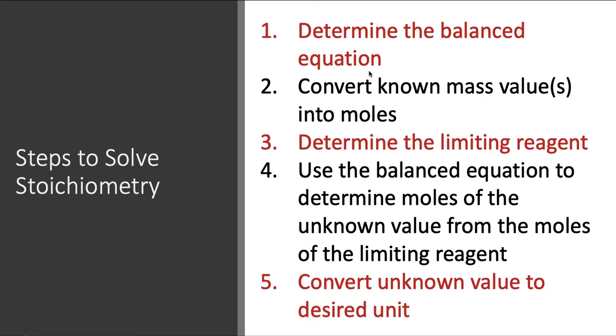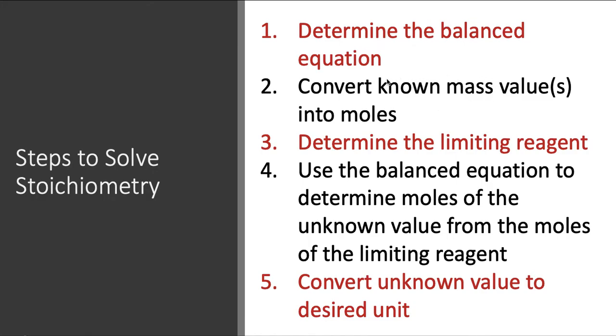Without a balanced chemical equation, you cannot relate those molar coefficients correctly. You need to at least check if the equation is balanced. Sometimes it's going to be balanced already, so you don't need to do anything. But if it isn't, then you're going to have to balance the equation first.